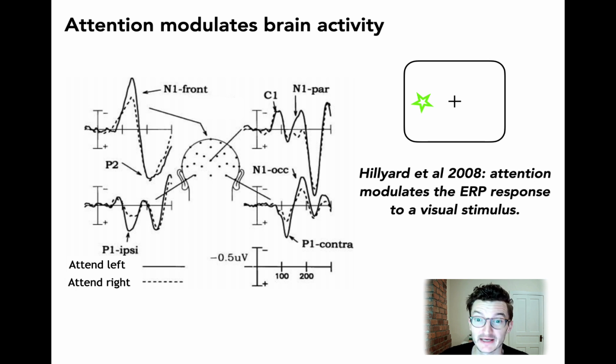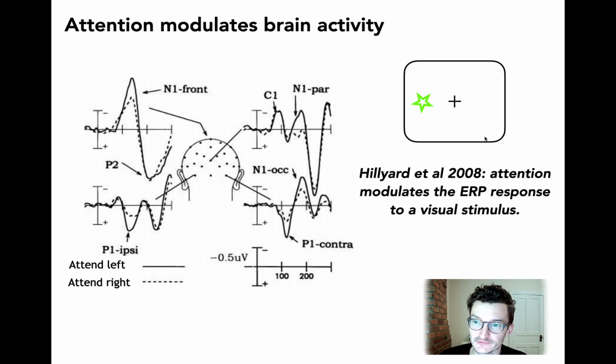And we can actually see that using EEG. So if we record ERPs, so event-related potentials from your brain in response to visual stimuli, we can see that these ERPs are actually increased in size when you're attending to the location in space where the visual stimulus appears.